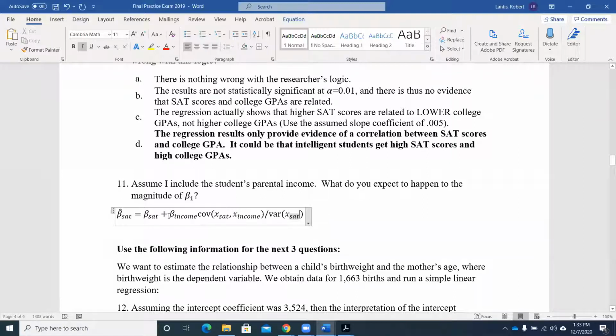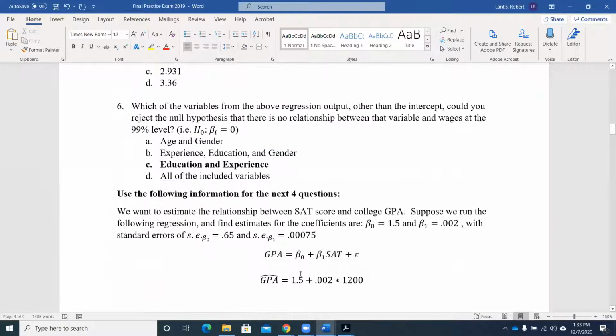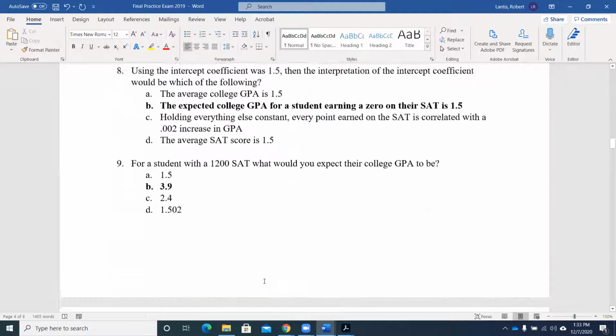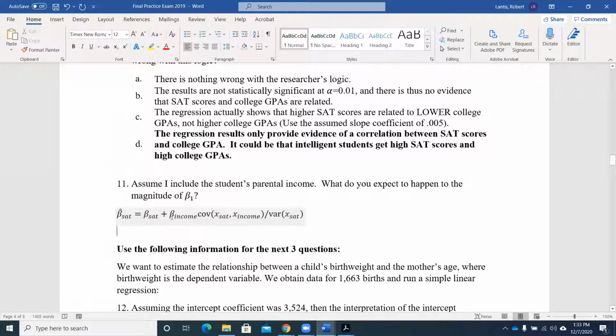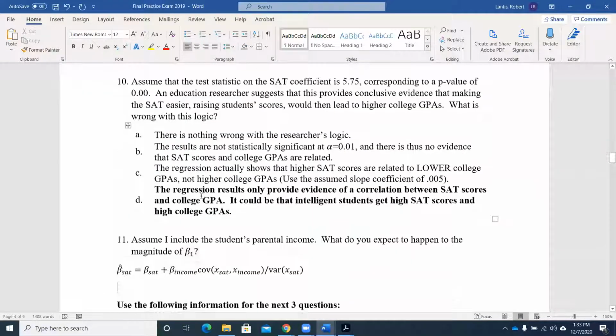So this bias component will be comprised of what effect income would have if we included it in this regression. What effect would income have on the y variable, which we had as GPA?